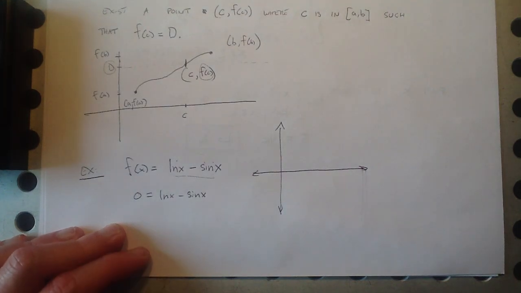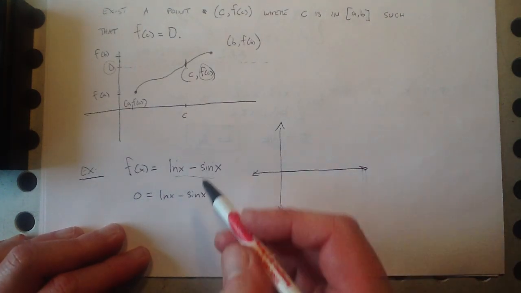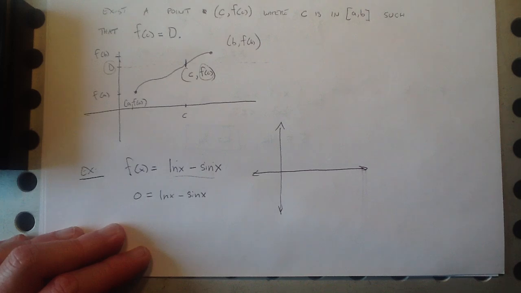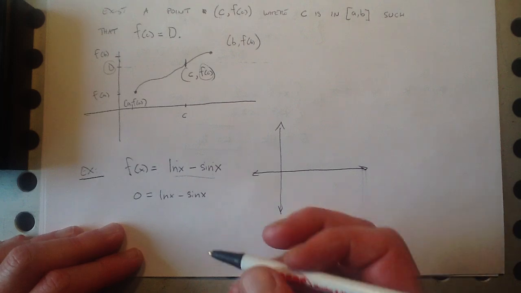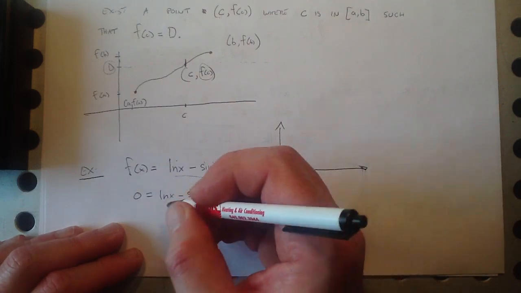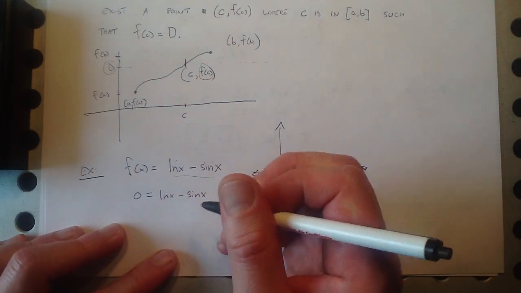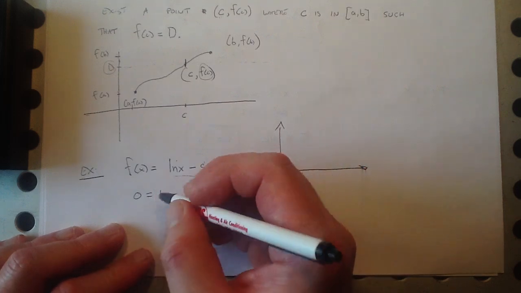So if you're looking for a zero of this function, you could try plugging some numbers in, like, for example, you know that the natural log of 1 is 0, right?